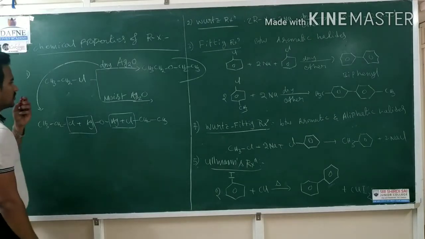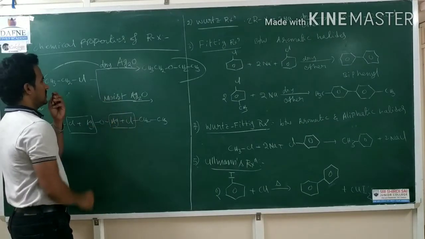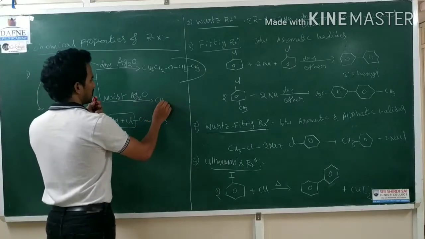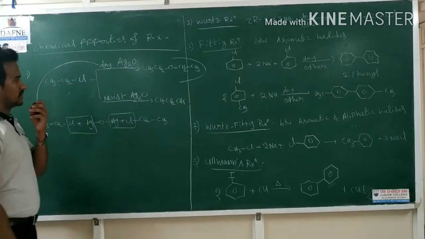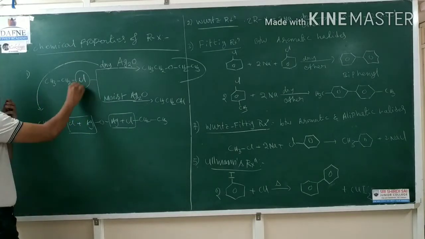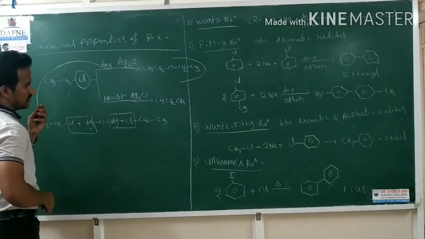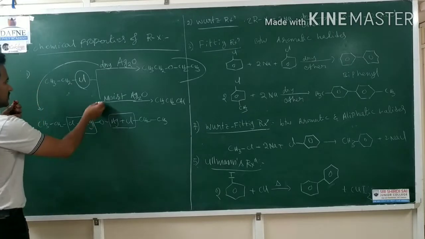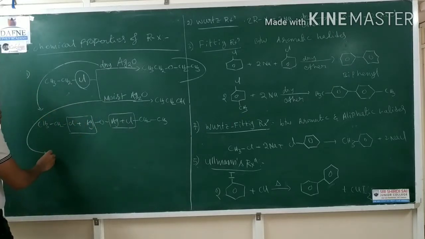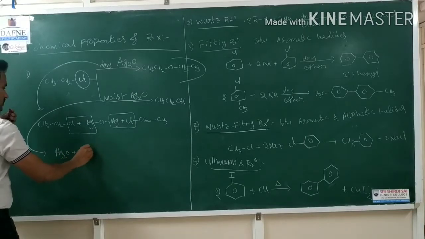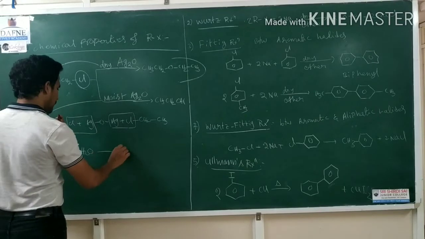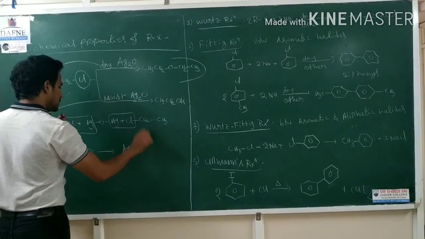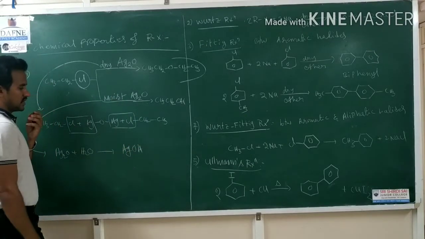Now with the moist silver oxide, alcohol is the product. That means here the Cl minus is replaced by the OH minus with water. Moist silver oxide means silver oxide on reaction with water, so we will get AgOH.